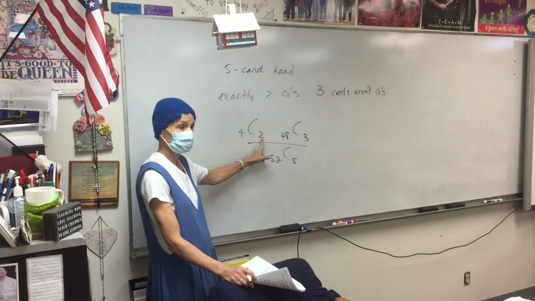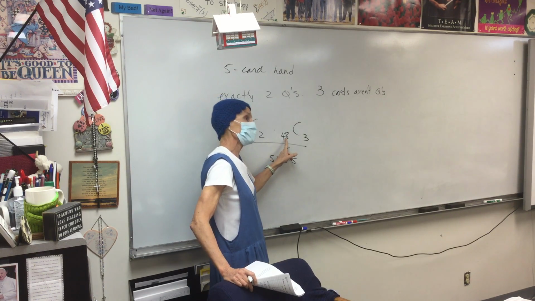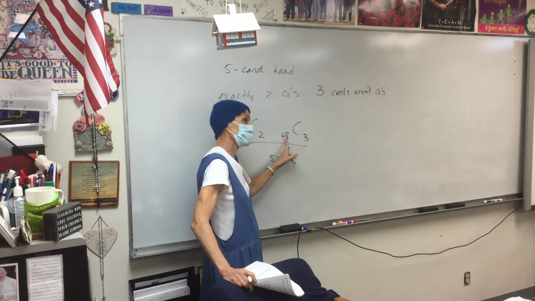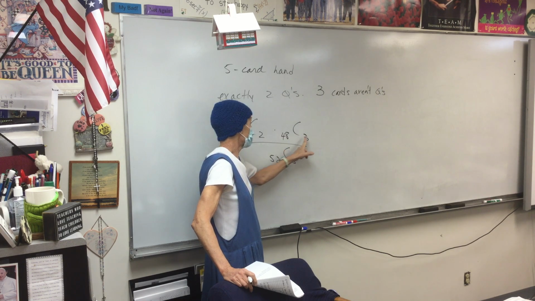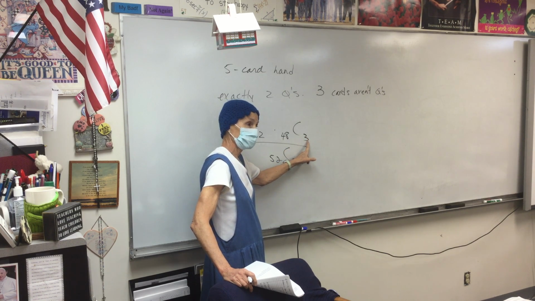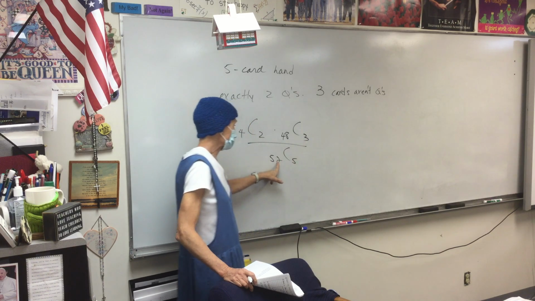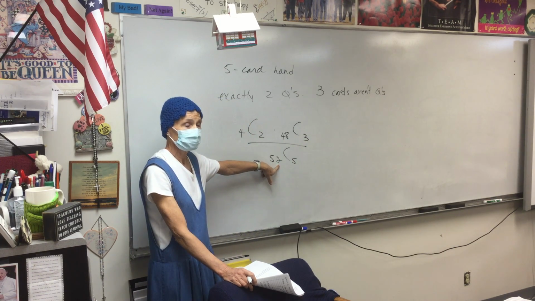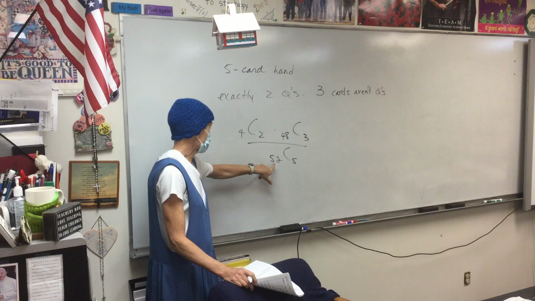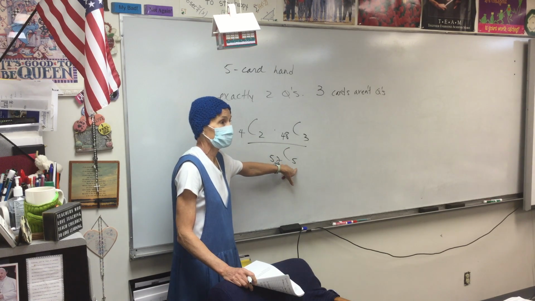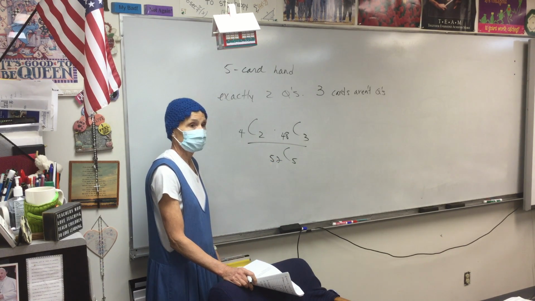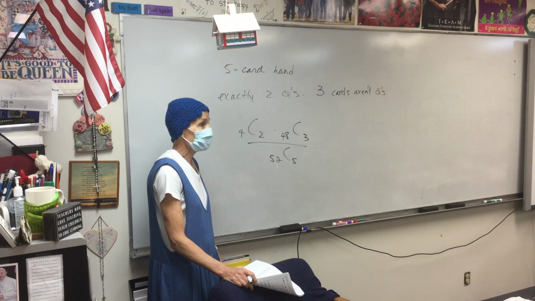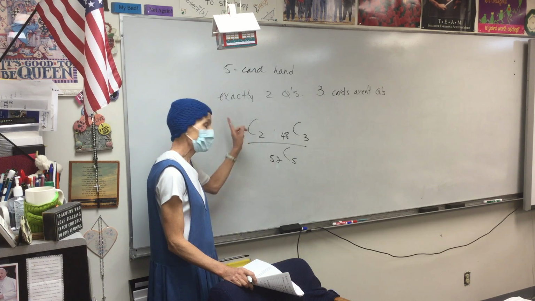I'm going to pick 2. And then there are 48 other cards. And I'm going to pick 3 of them. And then why is it divided by 52C5? Because there's 52 cards and I am picking 5 of them. Right? So we did that yesterday.